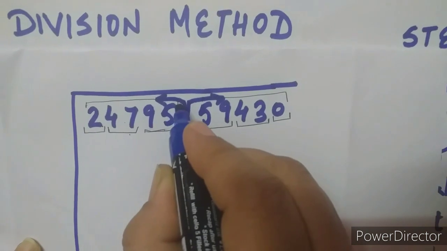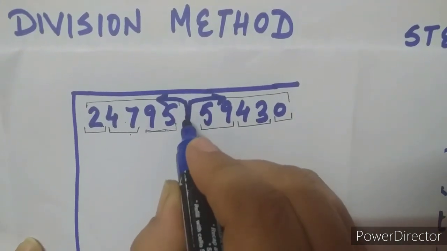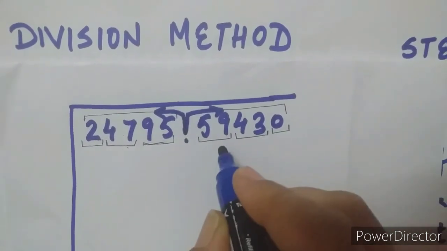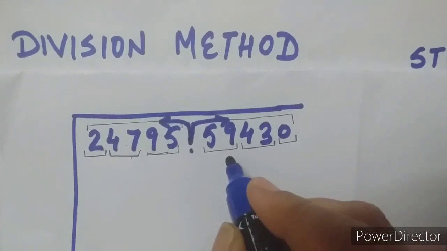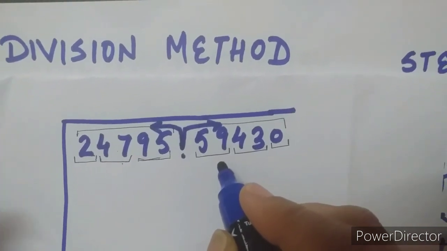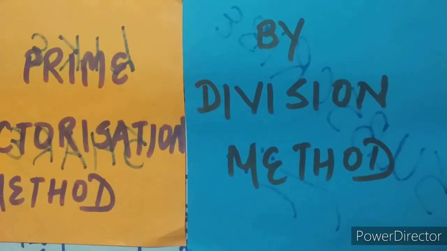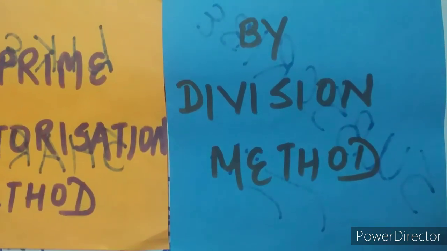From the decimal move from right to left for the integral part pairing, and on the other side, for the decimal part, we do it from left to right. So this was one point which will help you solve some questions of finding the square root with decimals using the division method. So students, this was all about our two methods of finding the square root, prime factorization and the division method.